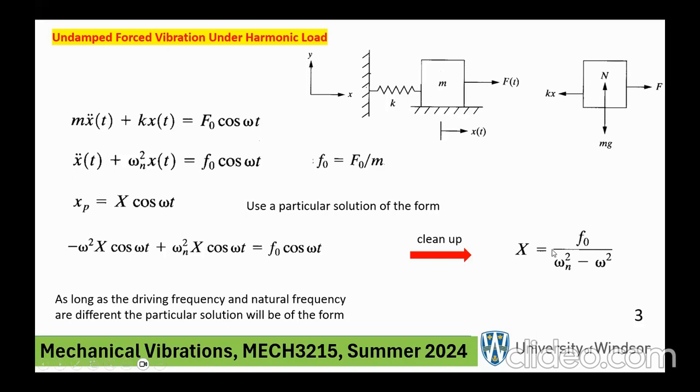Okay. When omega is equal to omega n, this is all nonsense because we have big X equal to something divided by 0. And that does not make sense. All right. If omega is in fact equal to omega n, we have to use a different particular solution. This is no good. All right, let's move on.